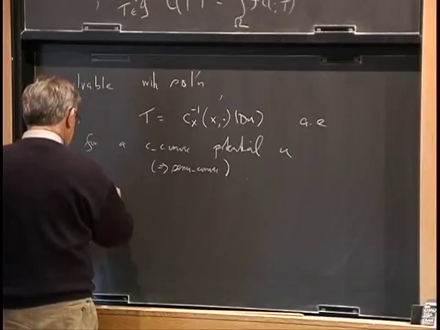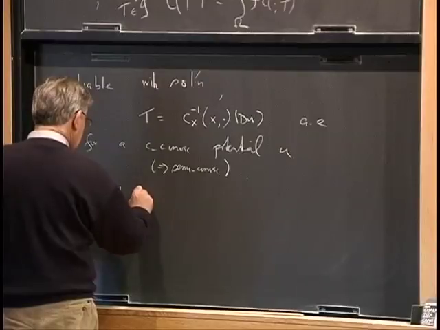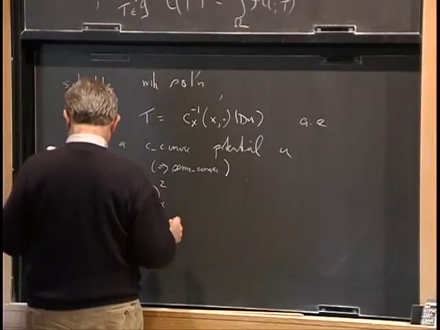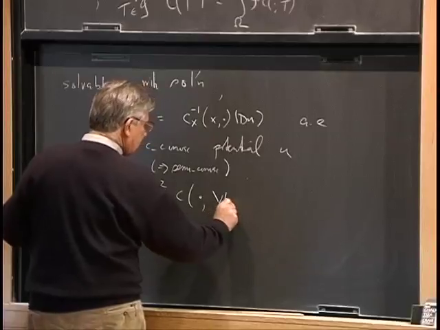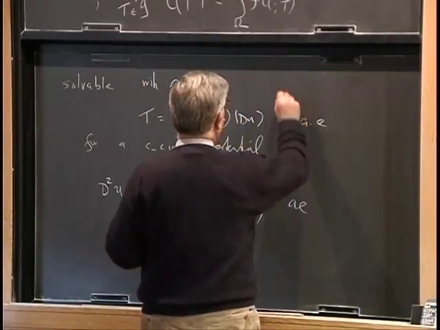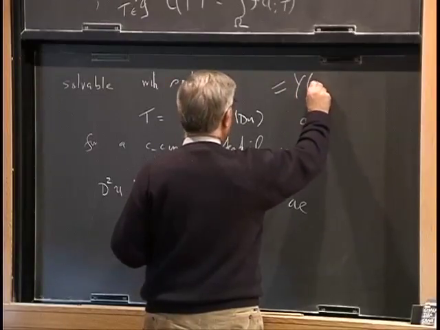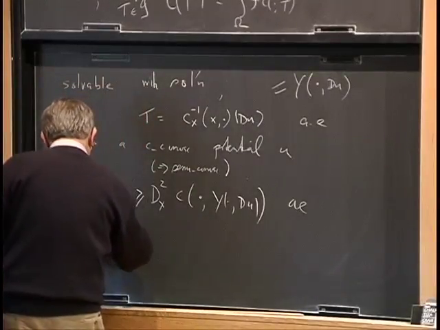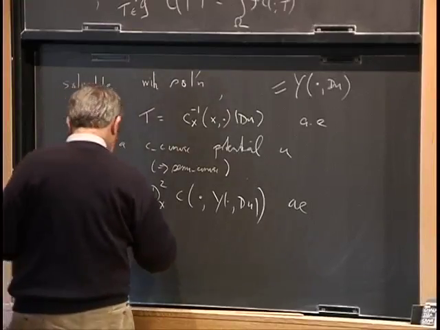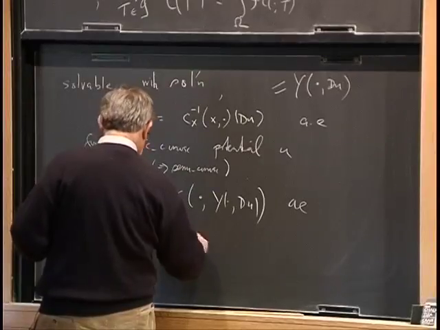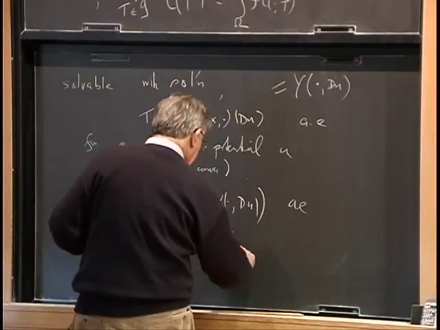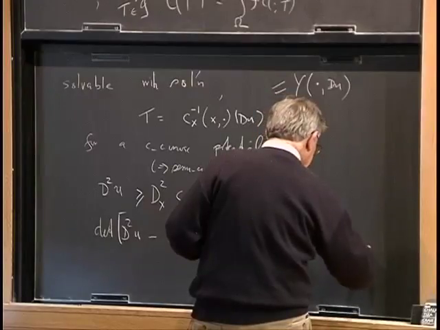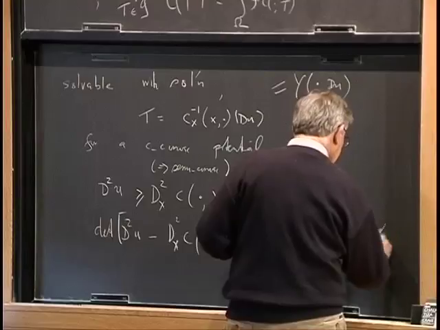First of all we have the c-convexity implying this ellipticity condition, D squared u greater than or equal to D_x squared c of x, y(x, Du), a.e., where y is defined to be this inverse, and the determinant of D squared u minus D_x squared c of x, y, Du is equal to the absolute value of the determinant of this mixed derivative c_xy times f divided by g composed with y.